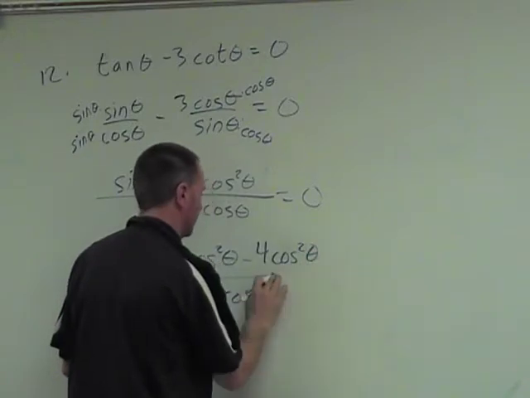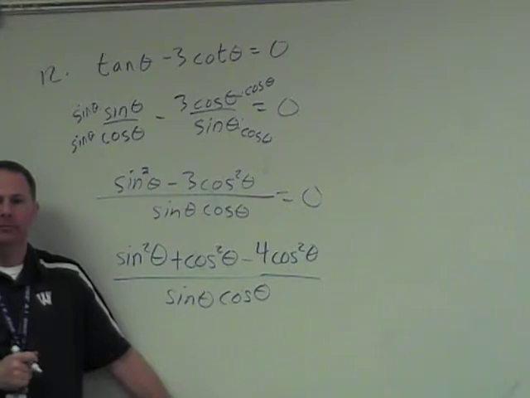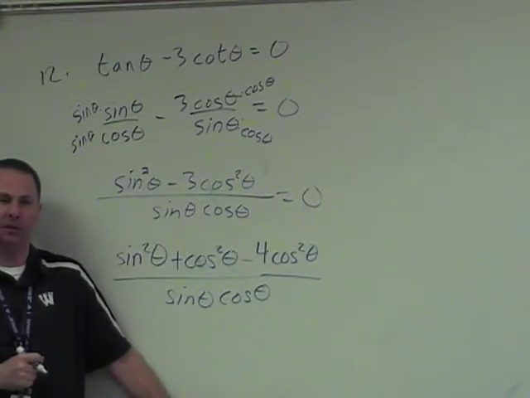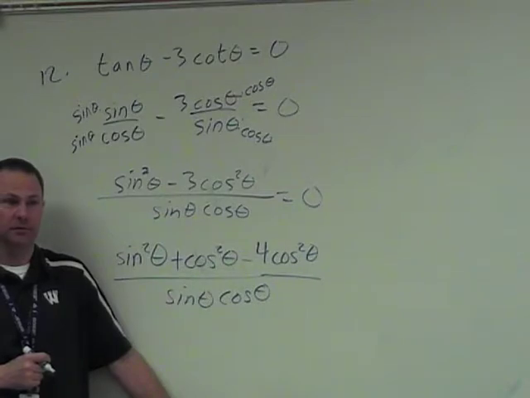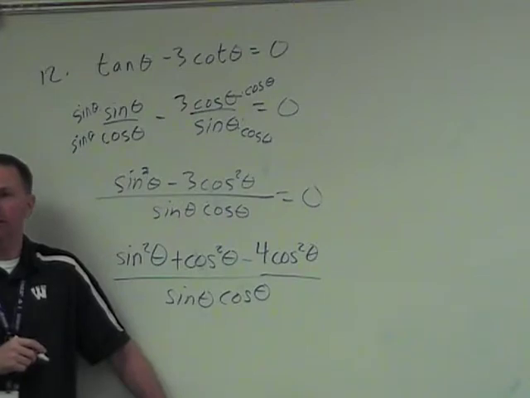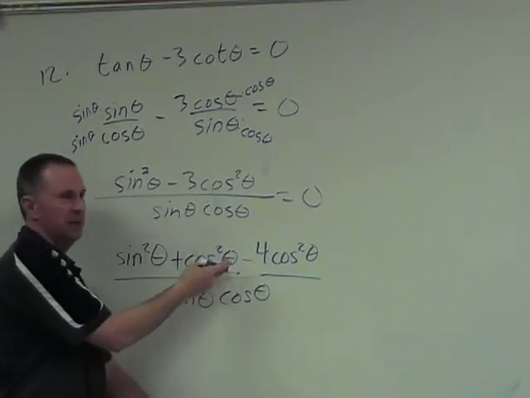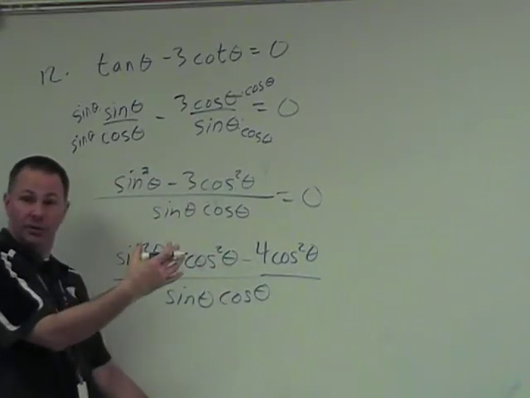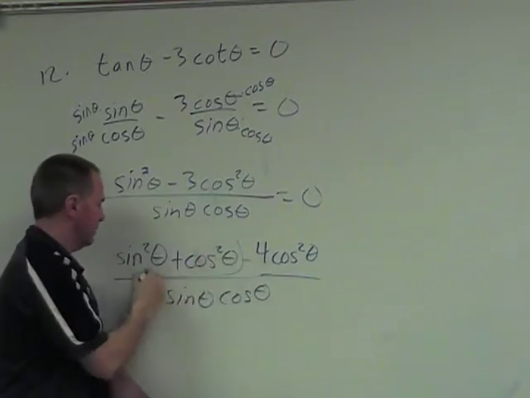Isn't that the same thing? 1 cosine of theta minus 4 cosine of theta, doesn't that give me minus 3 cosine of theta? Yes or no? This minus that, doesn't that equal minus 3 cosine of theta? Yes. Okay. So all I did was introduce something in here, combining like terms backwards, so that I could get something that I wanted.